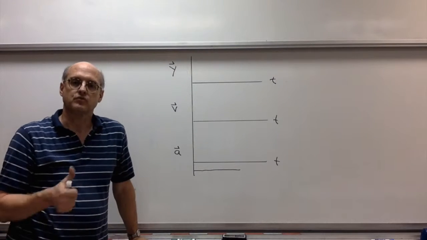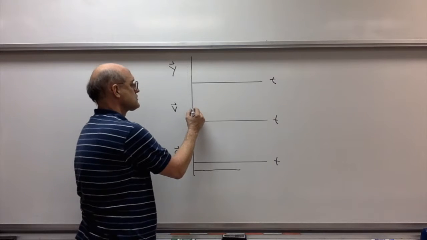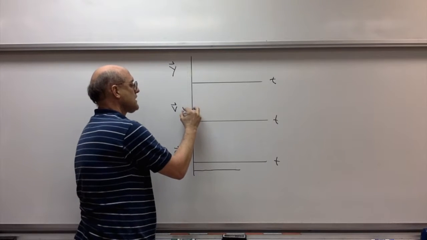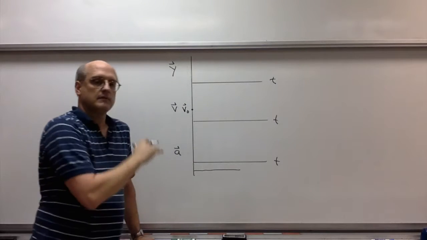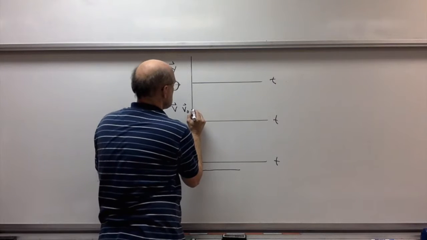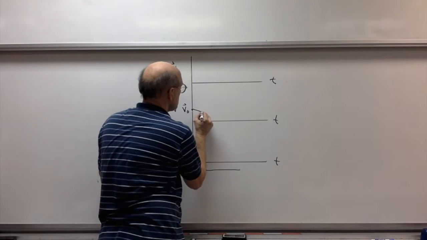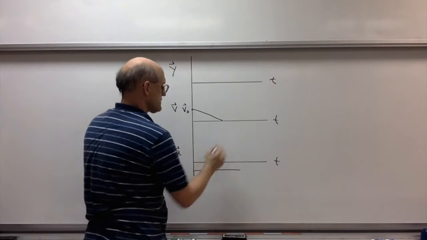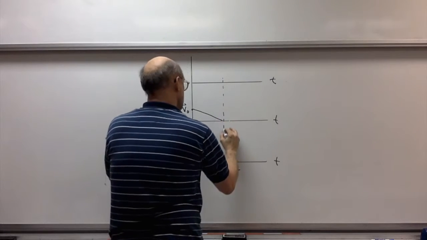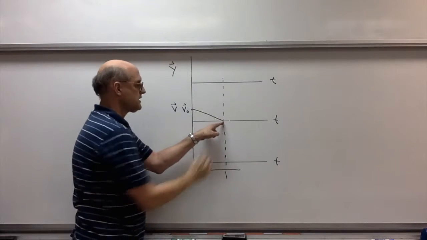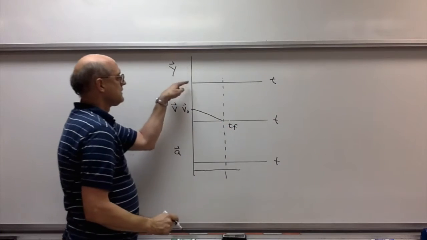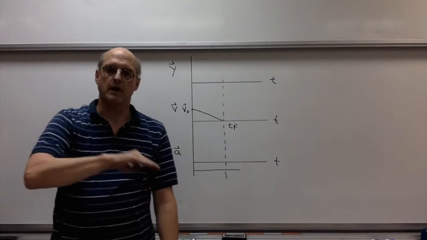Velocity. The ball is thrown upward, so it starts with an original velocity V0, slows down to rest. So a straight line at an angle drawn to the t-axis. So the end of the story is right here. I'll call it tf.